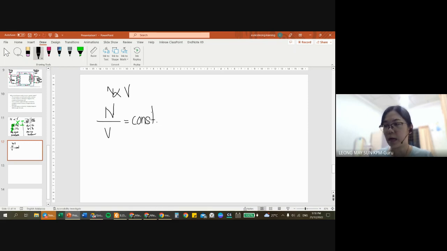So because it's a ratio right now, number of turns at primary over potential difference at primary is equivalent to a constant value, it would also be the same as the ratio of number of turns at the secondary over the potential difference at the secondary. Okay, so this is the first equation for transformer.